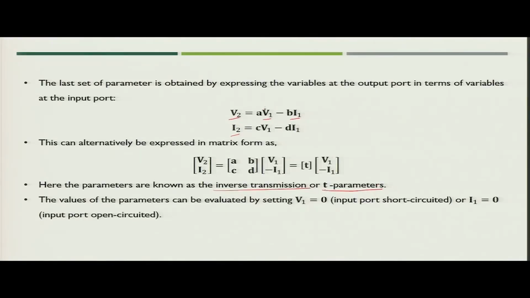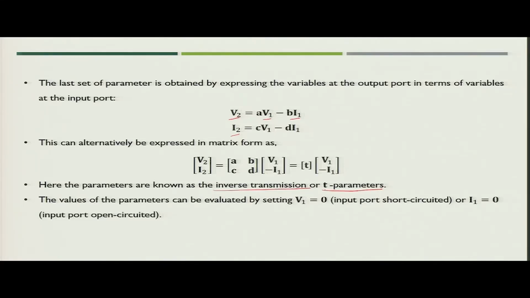We stabilize this relationship with the help of small abcd because it is opposite to the capital ABCD parameters which we discussed till now, where we established the relationship of V1, I1 with respect to V2, I2. In this case, the relationship will be V2, I2 with respect to V1, I1. So, here V1, I1 are independent and V2, I2 are dependent.